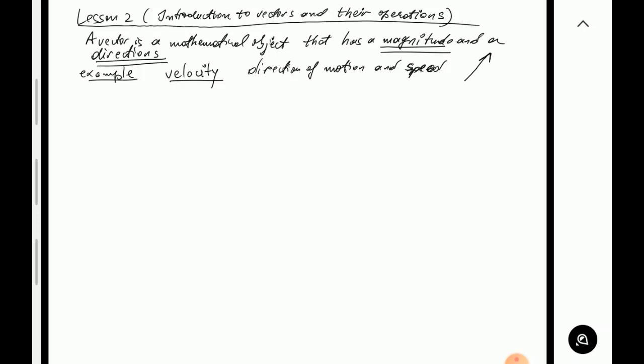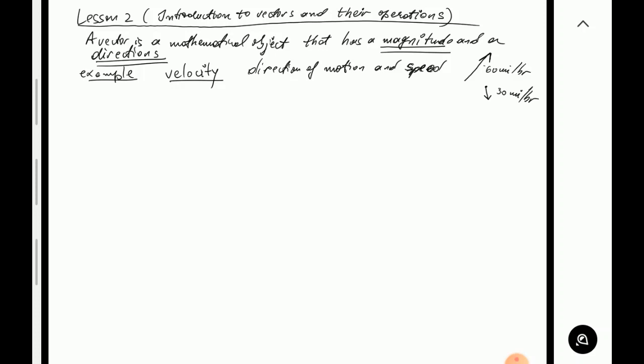If another car travels south, 30 miles an hour, I'm going to indicate that with an arrow that is half as long as the previous one, pointing downward. So that'll be the velocity vector for a car that moves due south at 30 miles an hour.